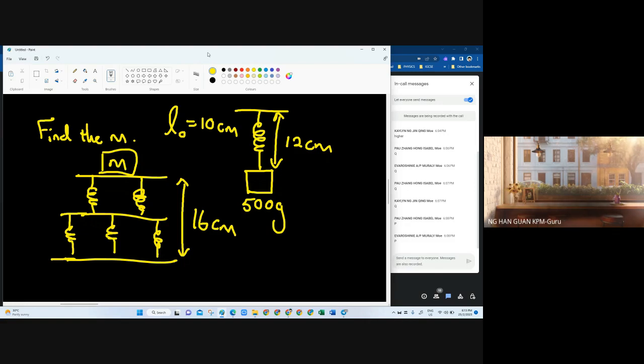Sorry, I made some change. Sorry, I did it wrongly already. No, not 16, 15, sorry. 15 centimeter. Okay, it's 15 centimeter. All the springs are identical. Try tell me how much is the M.